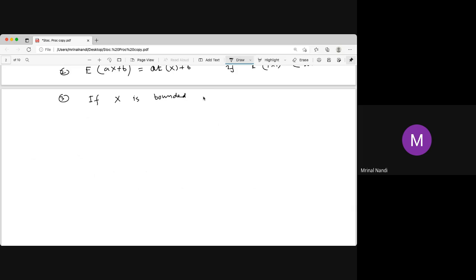Bounded means the probability of mod X less than m, for some positive m, is 1. Then the random variable is called bounded, and then the expectation of X exists. This is easy; you can easily prove it. This is trivially true.